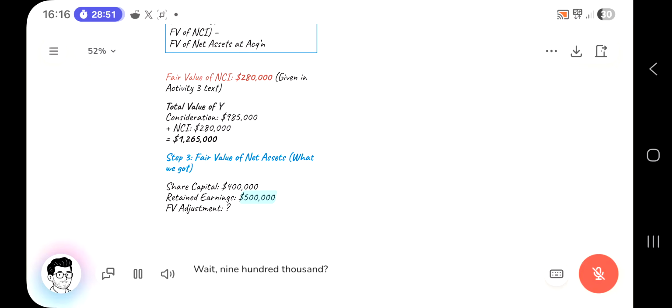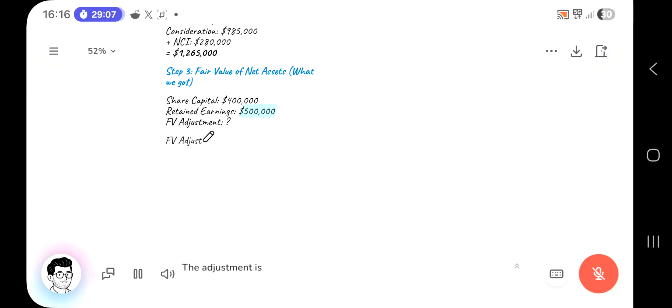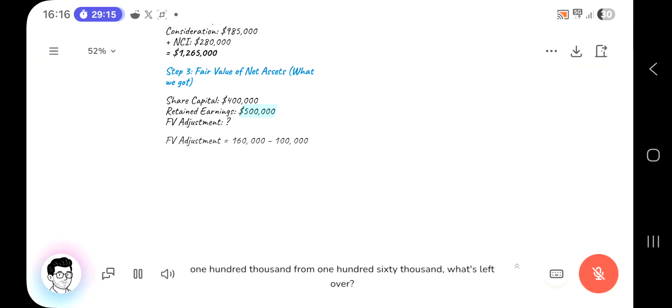Wait, 900,000? Let's take another look at those 2 specific numbers for the land and buildings. We have the fair value at 160,000 and the book value at 100,000. The adjustment is just the difference between these two. If you subtract 100,000 from 160,000, what's left over?